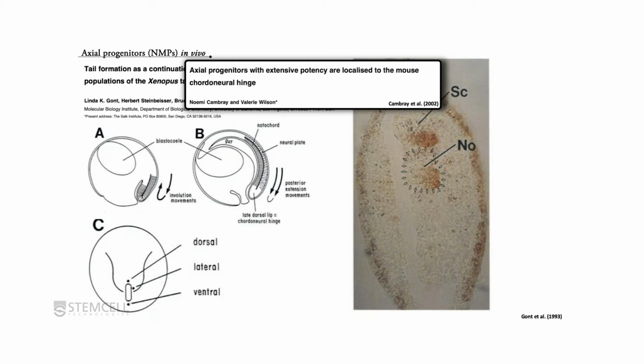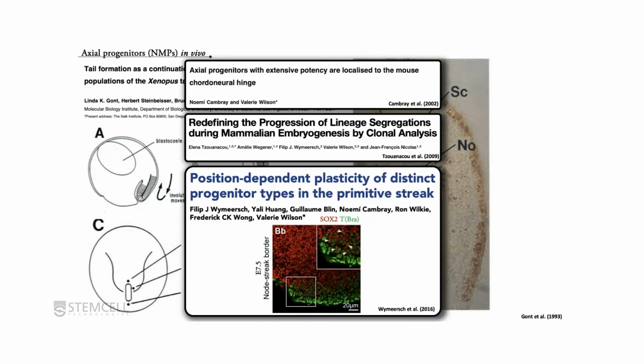And Valerie Wilson and colleagues have continued to publish on this topic, and alongside others, they've shown pretty conclusively that axial progenitors have the potential to form neuroectoderm as well as mesoderm. And they've even published some data that suggests that they can also form the neural crest of the trunk. The second and third paper shown here are lineage tracing studies that show just that. The first using a random labeling method based on a spontaneously activating LacZ gene, and the second by using homotopic grafts from a transgenic GFP mouse.